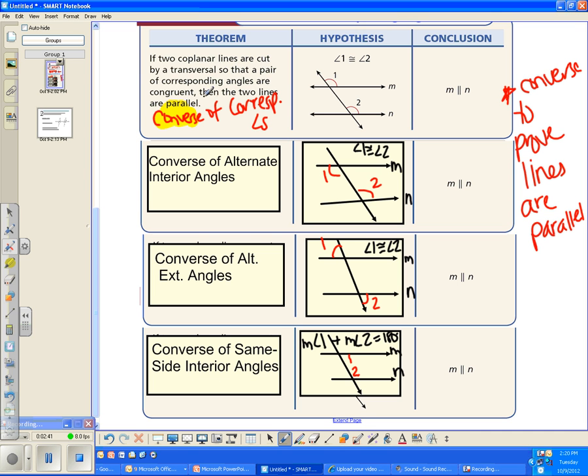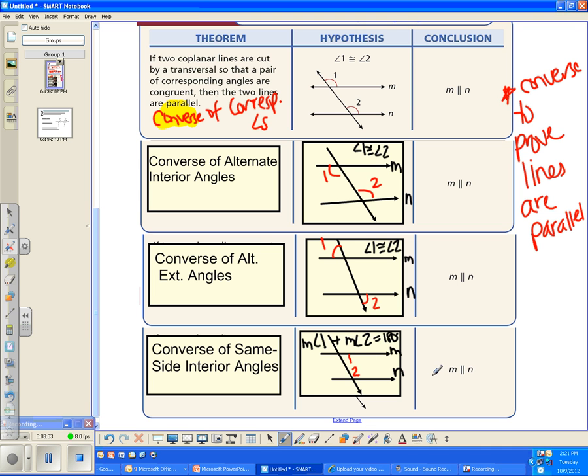Notice that I have to tell you that the angles are going to be congruent to each other, and the only thing that's different is where they are. These are corresponding angles. In here they're alternate interior, and here they're alternate exterior. Same side interior angles, remember, those are not congruent. Those are supplementary. So if I tell you that these 2 angles are supplementary, then you can prove that the lines are parallel.